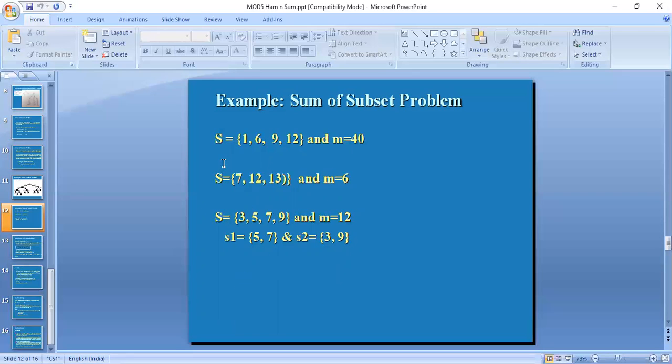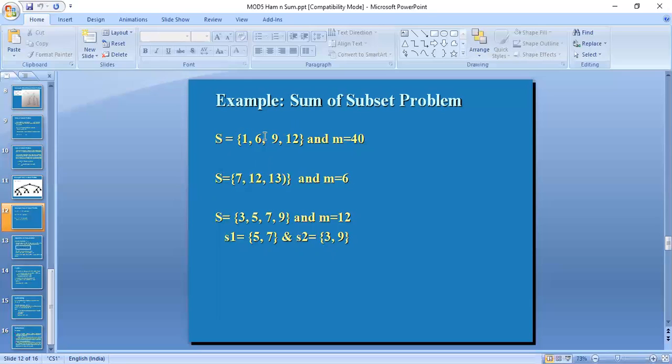But in the first case, you have a set 1, 6, 9, 12 and the m value is 40. Even if you add all these values, the subset consisting of all these positive integers gives 1 plus 6 is 7, 7 plus 9 is 16, 16 plus 12 is 28.